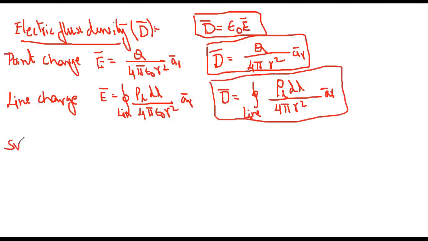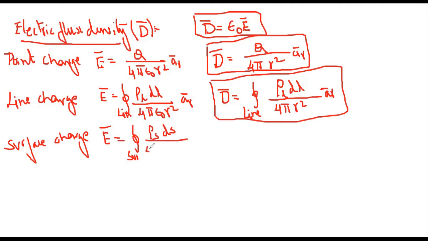Similarly, for the surface charge, E bar is equal to the surface integral rho S ds by 4 pi epsilon naught R square into AR.